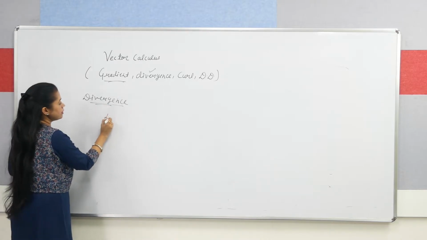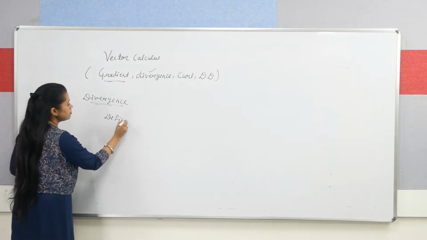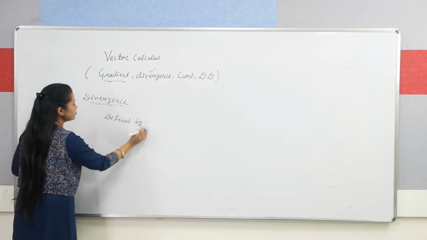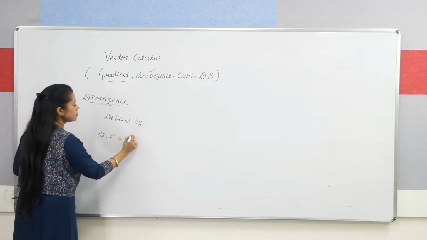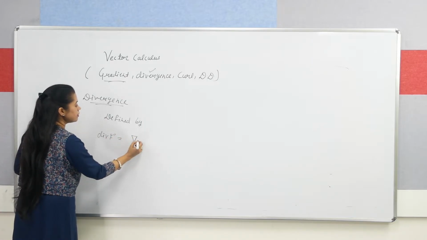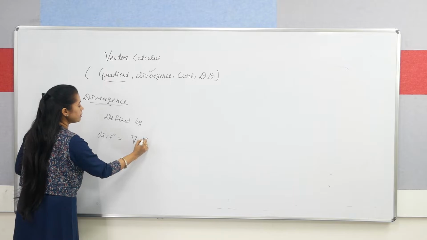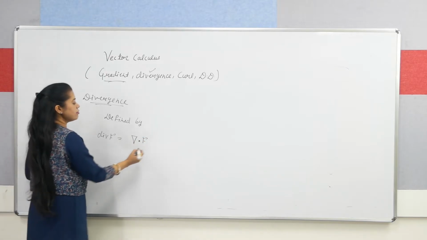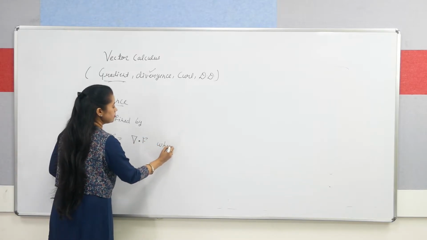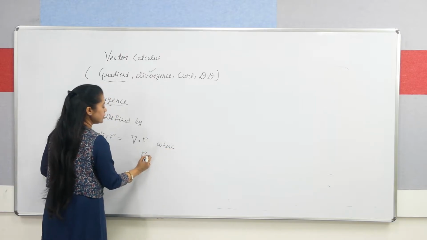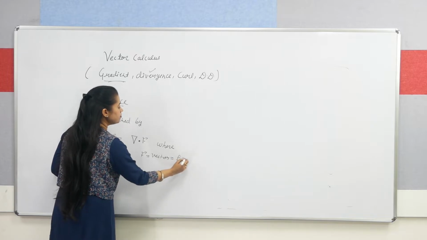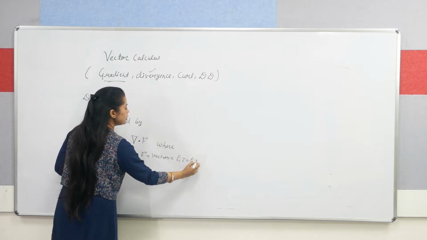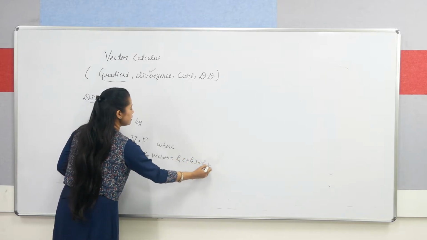Divergence of F is del dot capital F, where F is a vector, let it be f1 i plus f2 j plus f3 k.